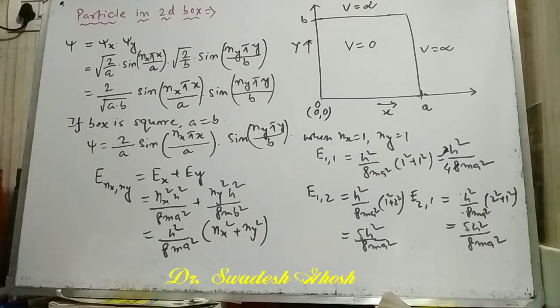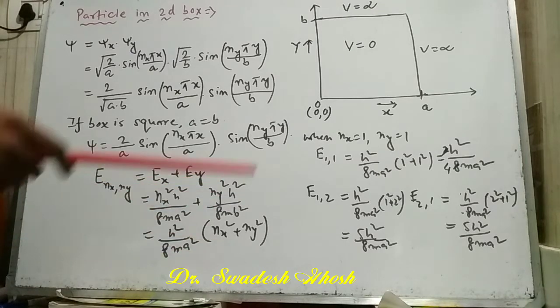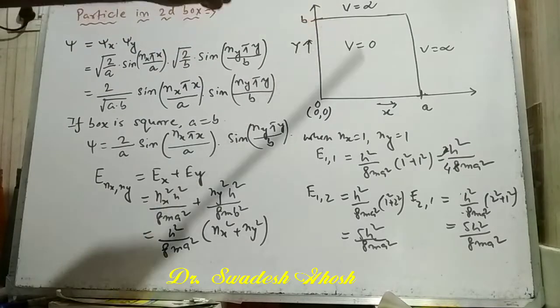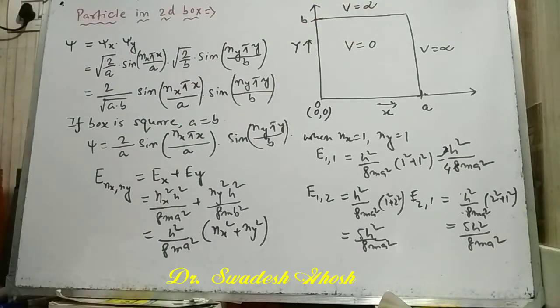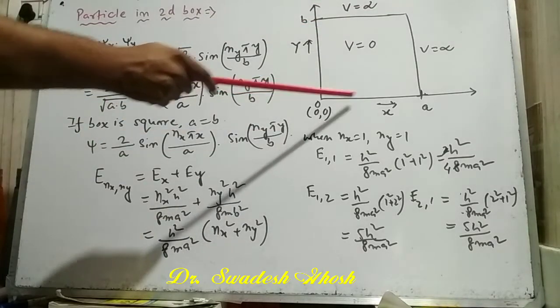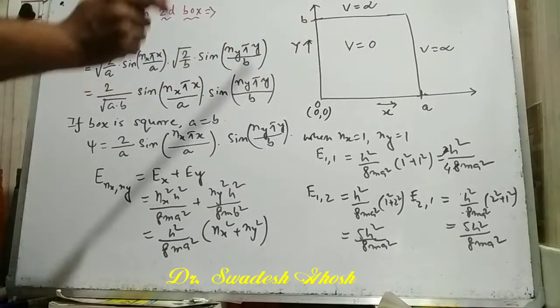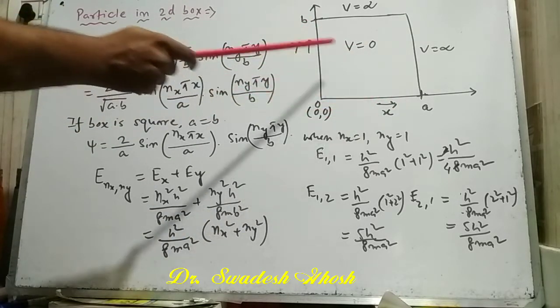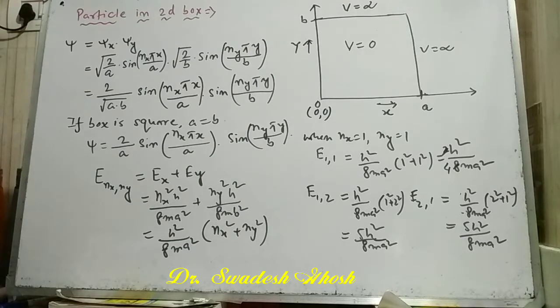Let us consider a particle of mass m moving in a two-dimensional box having sides A and B along the x and y axis respectively.